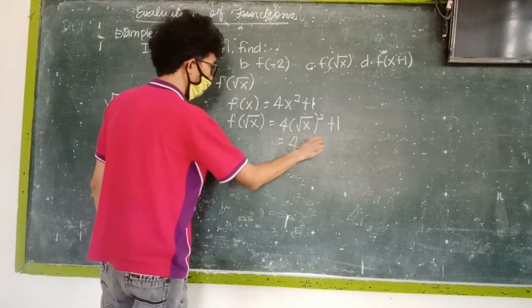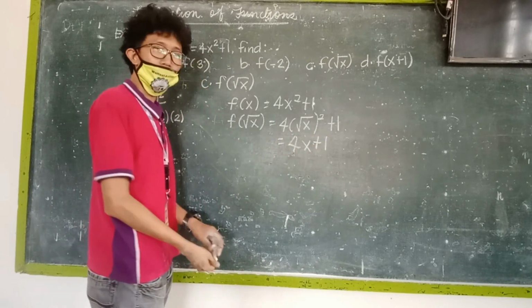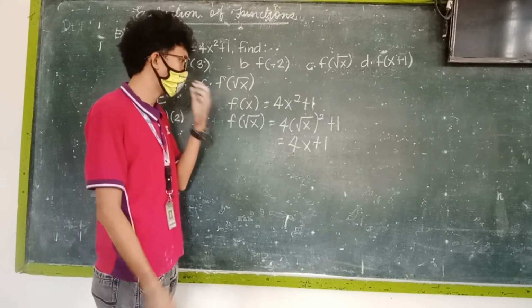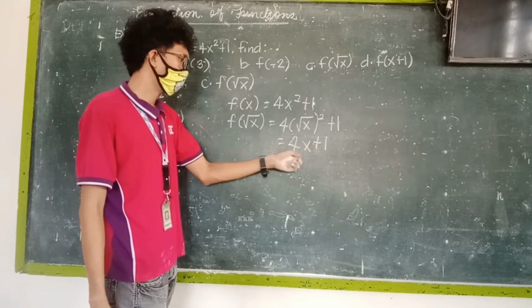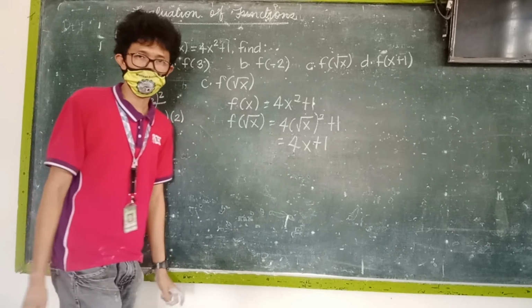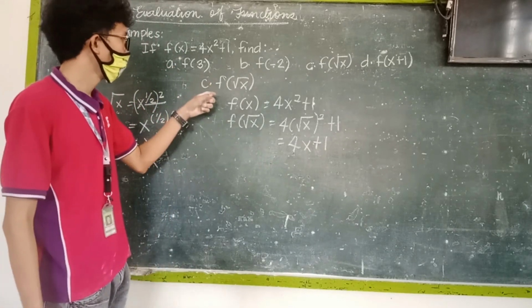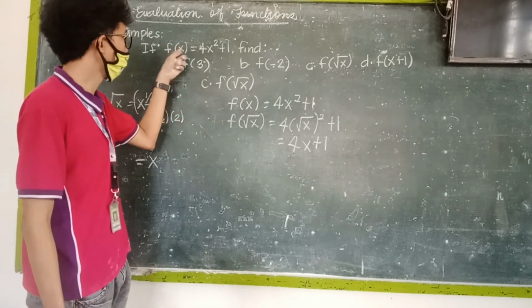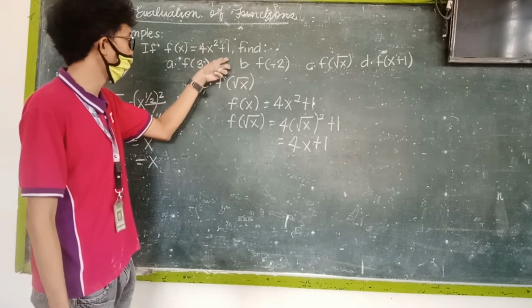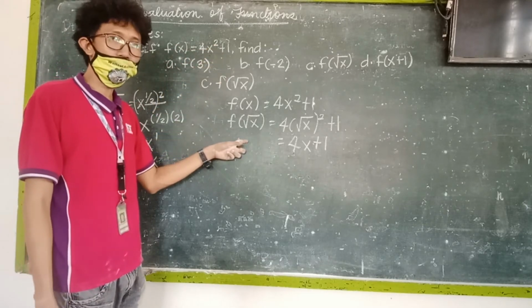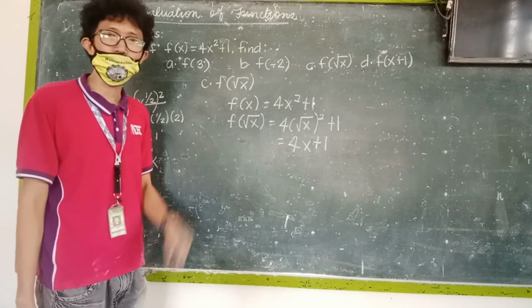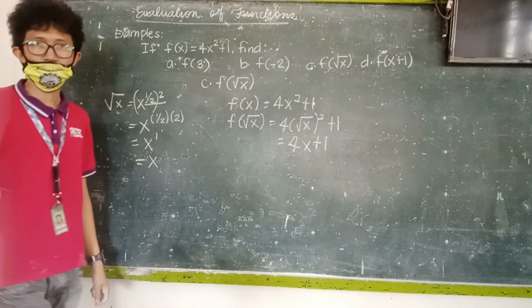So we have 4x plus 1. Wala na tayong i-combine na like terms since 4x and 1 are different terms. Therefore, the answer, when in the function f of x is equal to 4x squared plus 1, if given is f of square root of x, is equal to 4x plus 1.